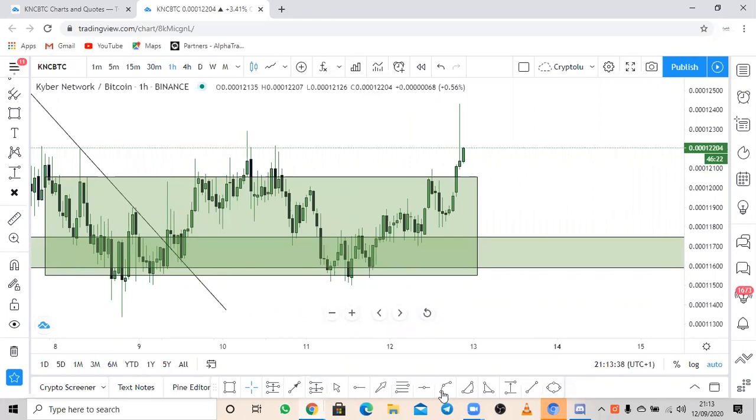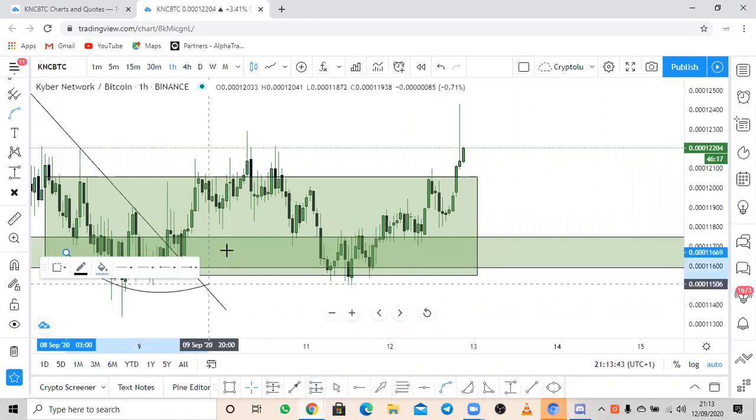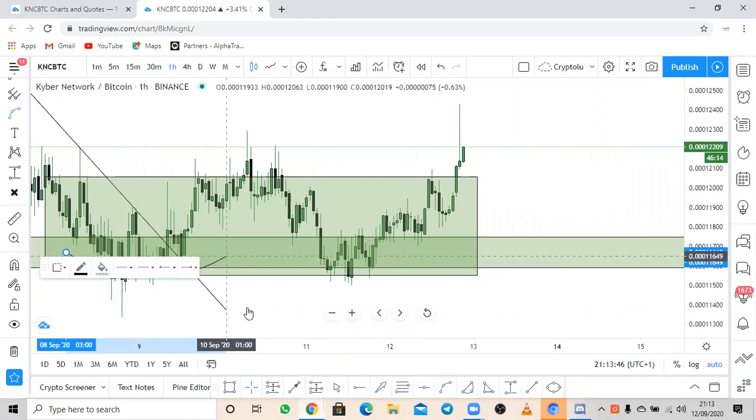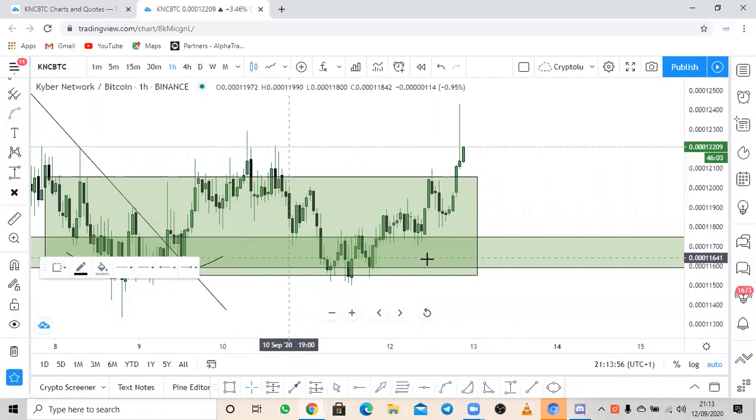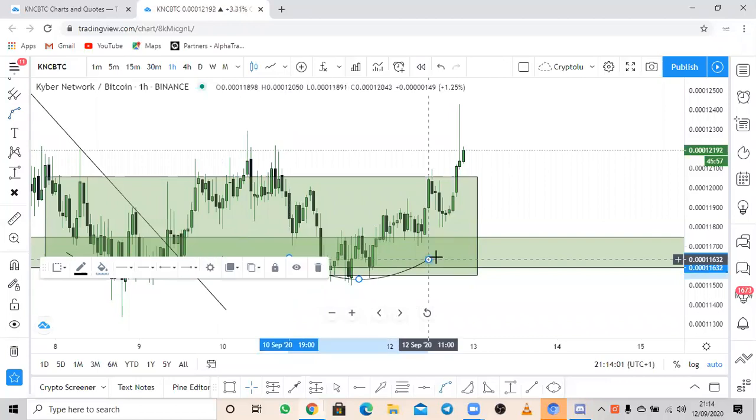This is the first bottom here, and we have the second bottom here. Okay, and for the neckline, we have the neckline here.